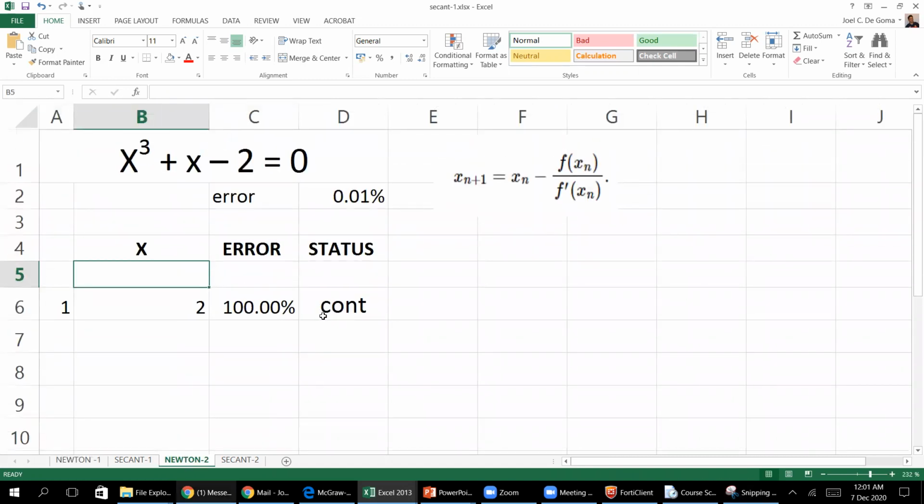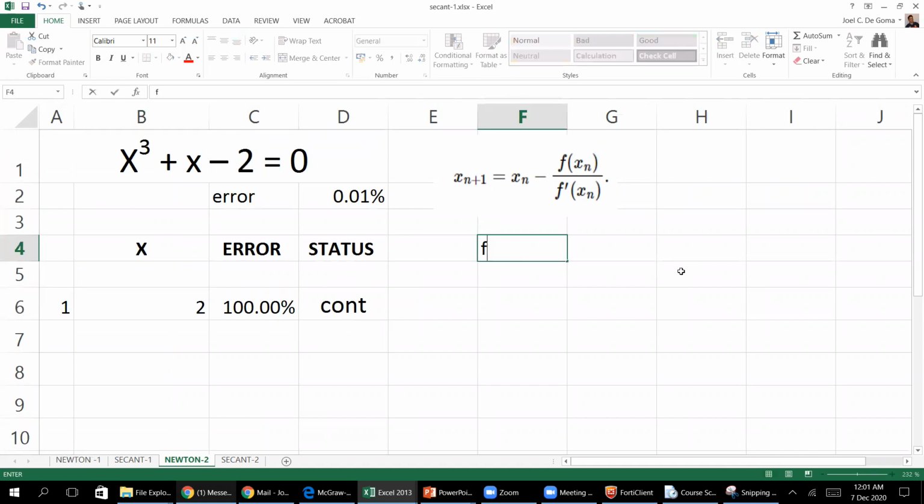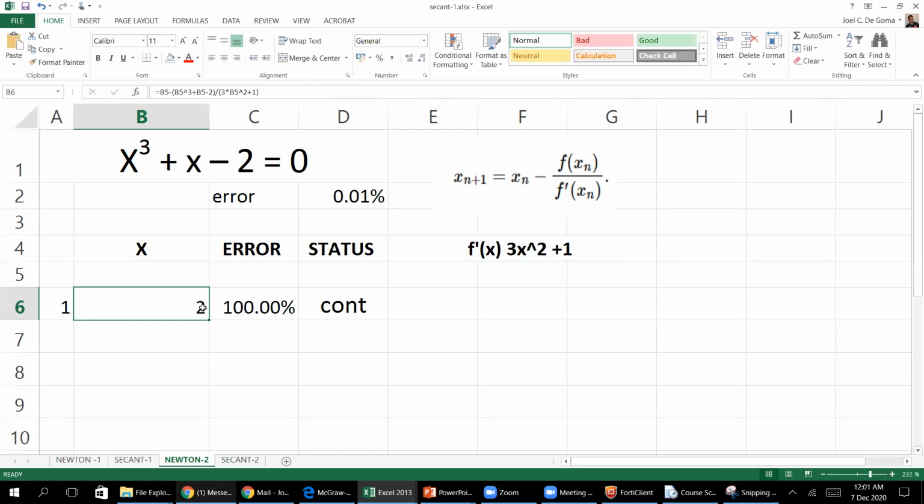We have x cubed plus x minus 2. So let's get first the derivative of this. So the first derivative is 3x squared plus 1. Am I right? Okay. So now, I'm going to guess the root is 0.